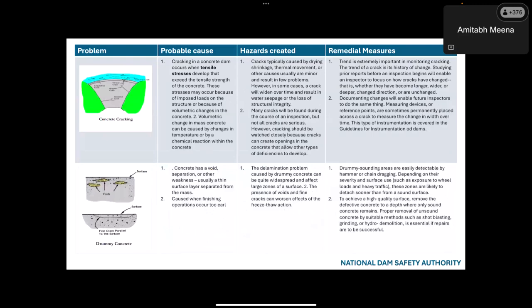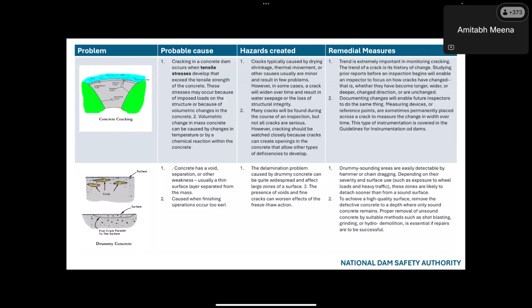This diagram shows some cracks in the downstream portion of the structure. So these cracks occur when there are tensile stresses more than the safe limits, then the cracks develop.